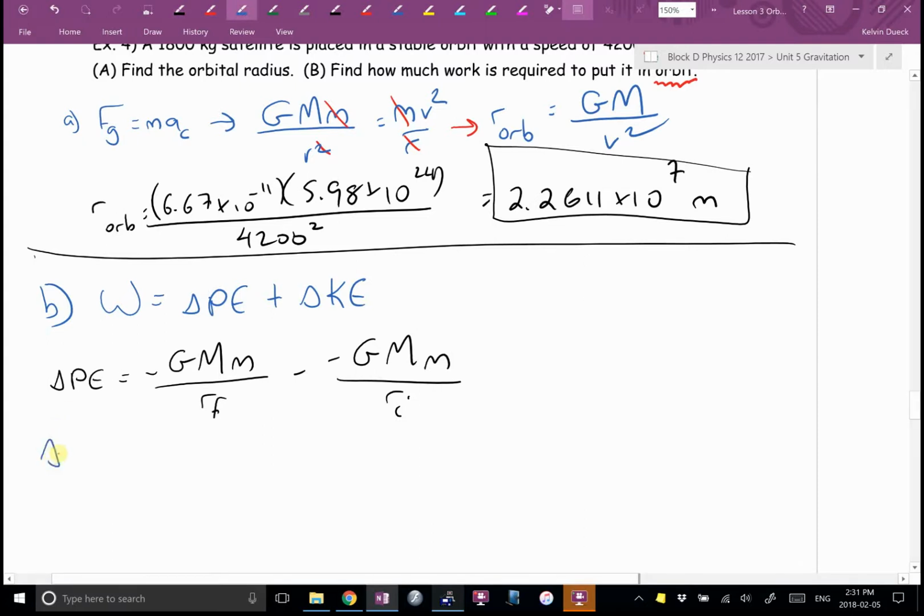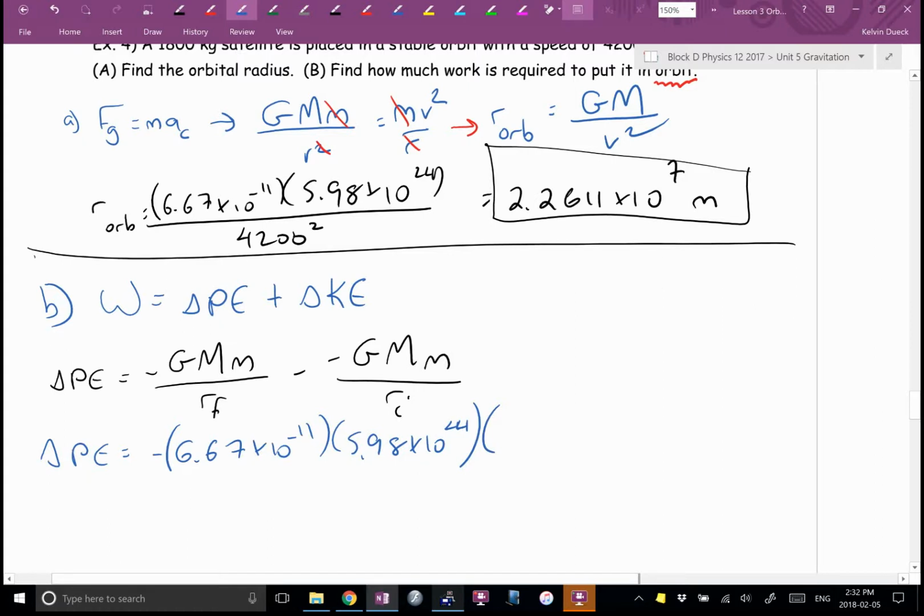All right, the change in potential is going to be negative 6.67 times 10 to the negative 11. Are we still around the Earth? I think in the homework, once or twice we do the moon, so just make sure you use the correct masses. But since we're on the Earth, 5.98 times 10 to the 24th. I've scrolled down.